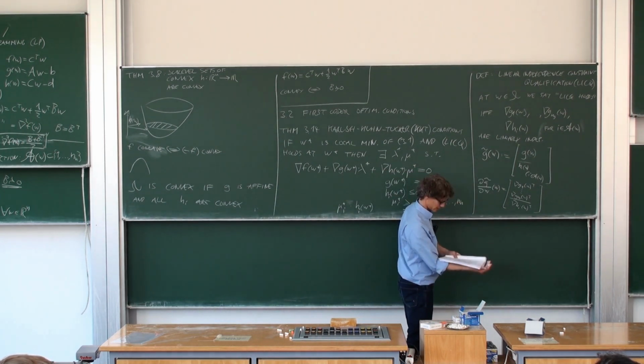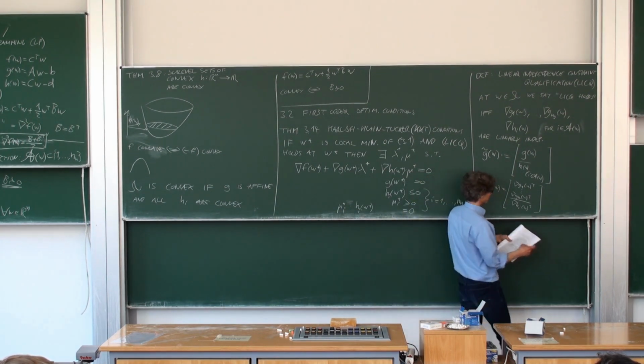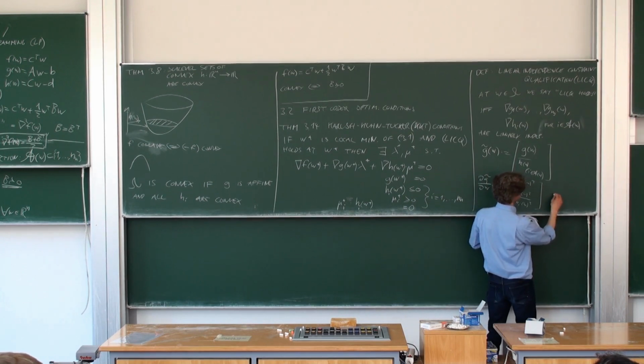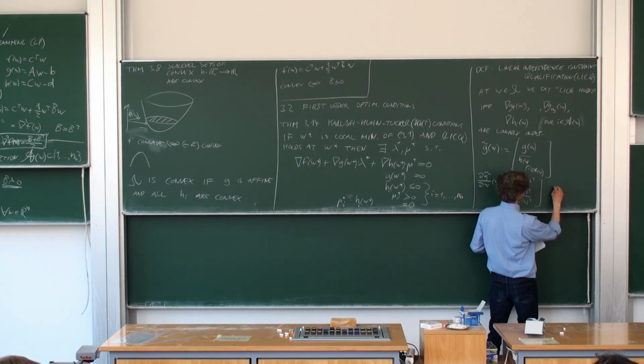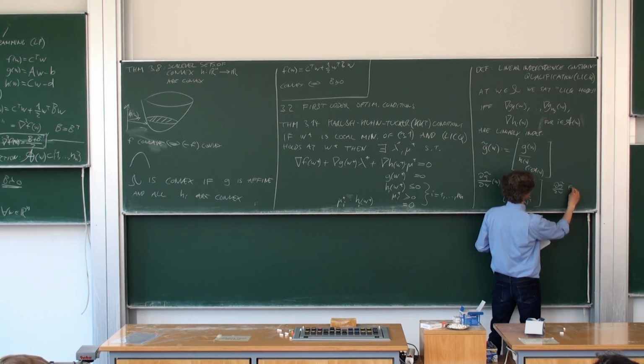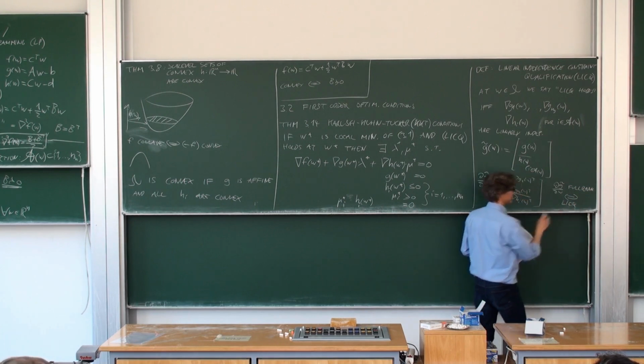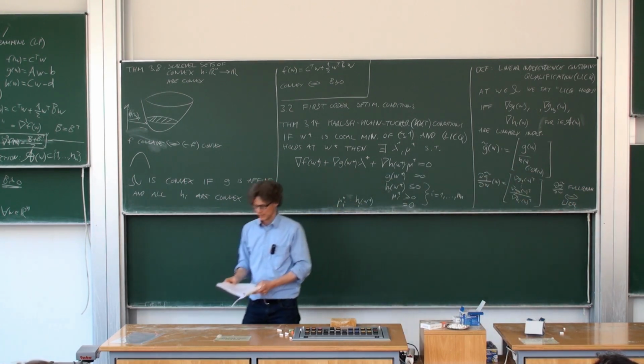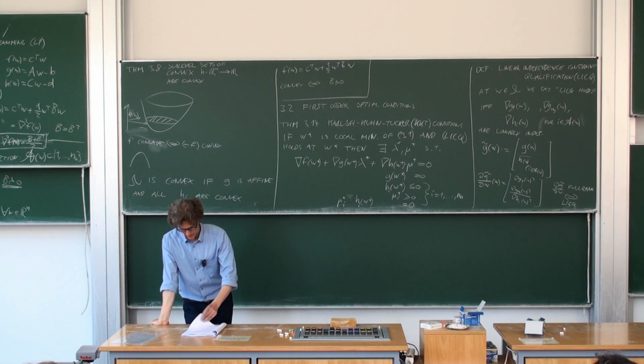So this matrix should have full rank. So this dg tilde dw having full rank is the same as saying LICQ holds. Okay? So relatively quick.